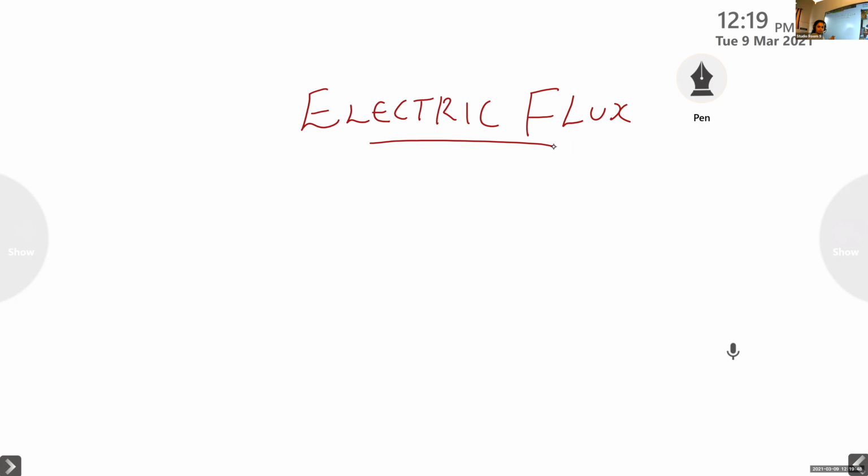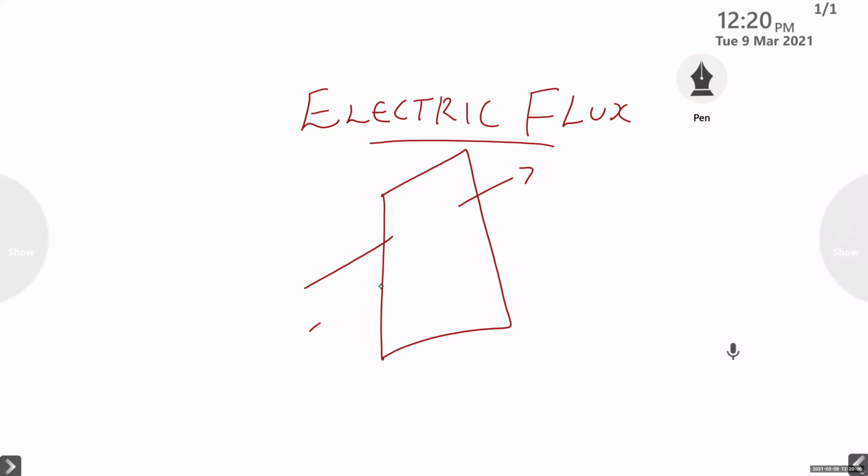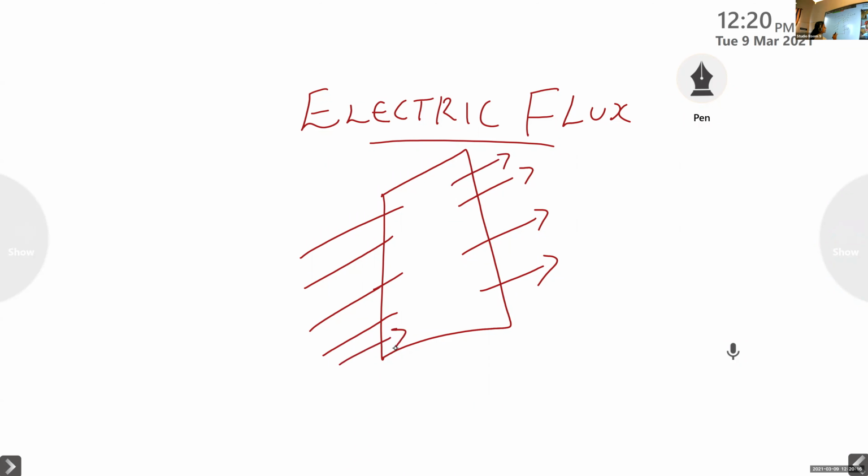So what is electric flux? It is the total number of electric field lines that is passing through a given area.